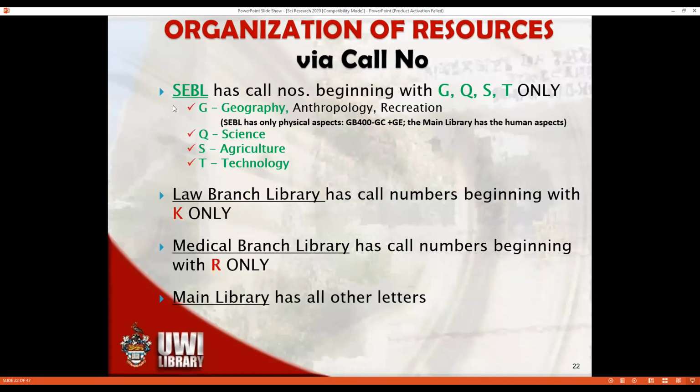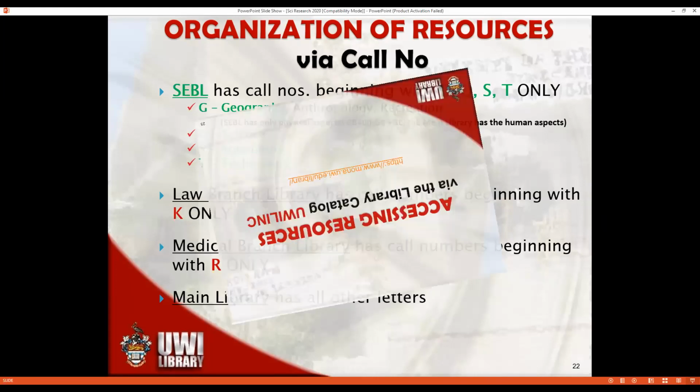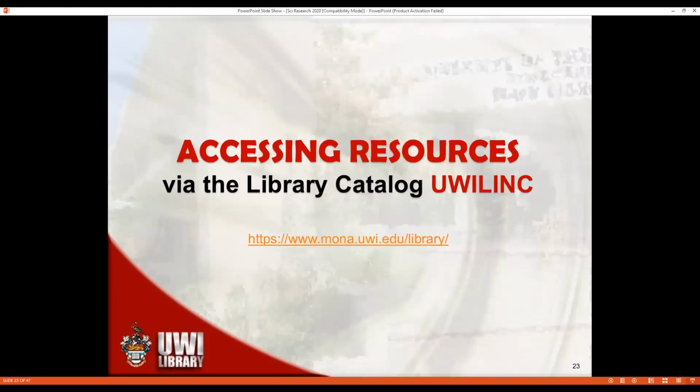The Science and Engineering Branch Library will have resources with call numbers G, Q, S, and T. The Law Branch Library will have only K, Medical will have only R, and Main Library will have all the other letters. Let us explore how we may use UWeLink to discover and access the library's print and online resources.